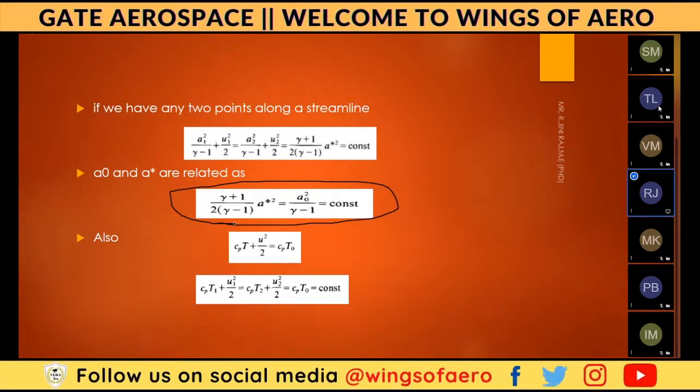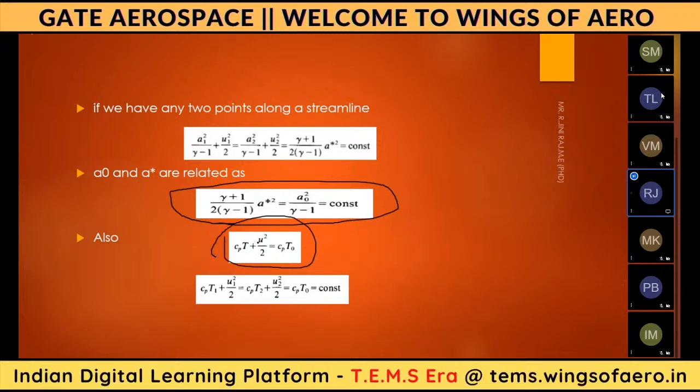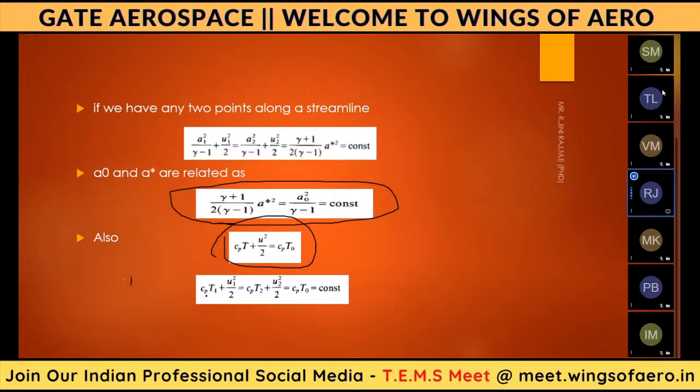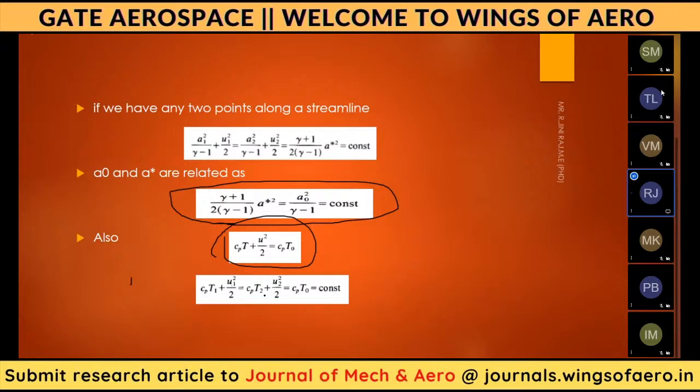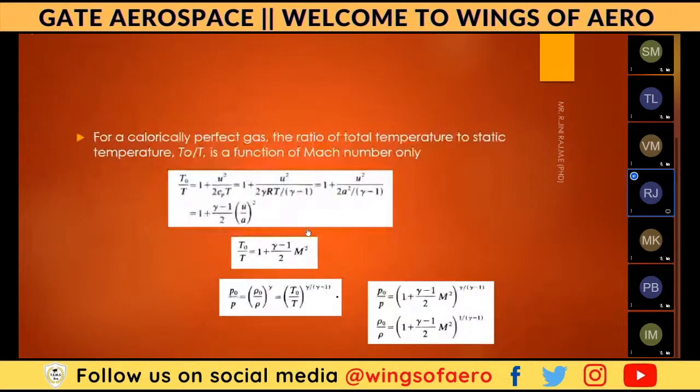Okay. Also, we know that from the energy equation, Cp T plus u square by 2 equal to Cp into T naught. Same way, by considering 2 points in the streamline, we take Cp T1 plus u1 square by 2, that is equal to Cp T2 plus u2 square by 2 equal to Cp into T naught, that is equal to constant.